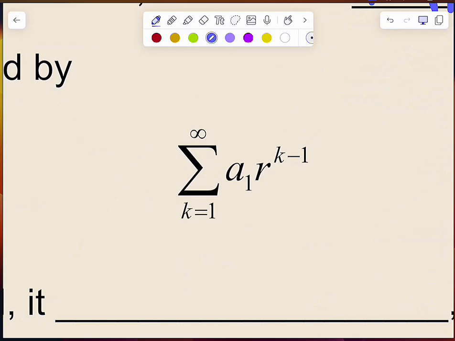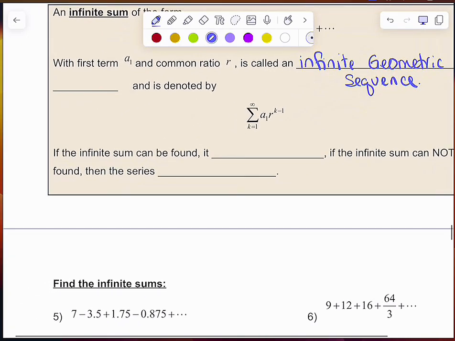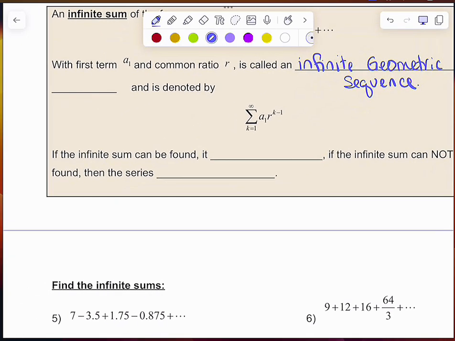Okay? So as we're thinking about this, we continue adding values forever and ever. If the sequence converges, then we can find the sum. If the sequence diverges, then we cannot. If the infinite sum can be found, it converges. And if the infinite sum cannot be found, then the series diverges. So we're not going to put down no solution.